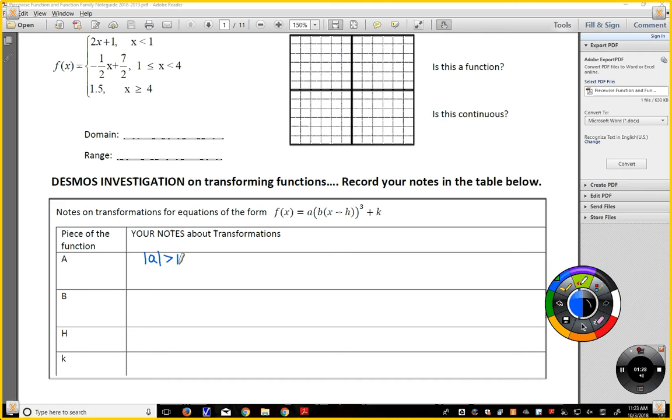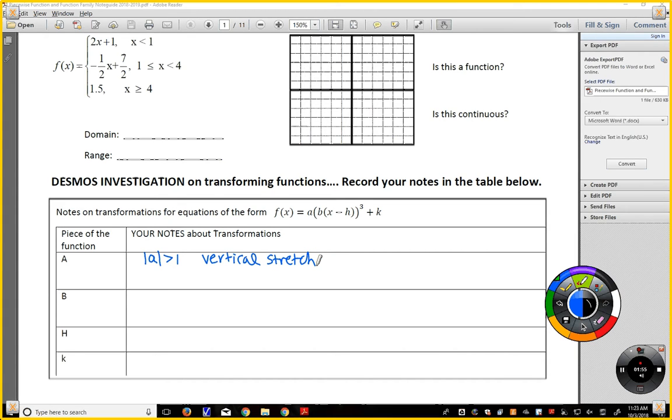It's just saying I don't care if it's positive or negative, I'm just talking about the number part. Like if it was a 2, whether it's a -2 or a +2, the 2 part, because 2 is bigger than 1, is causing the graph to be double the height that it was previously, okay? So when the A value is bigger than 1, it's causing a vertical change, and specifically it's stretching the graph out from the x-axis. That's something you guys have studied from Algebra 2.